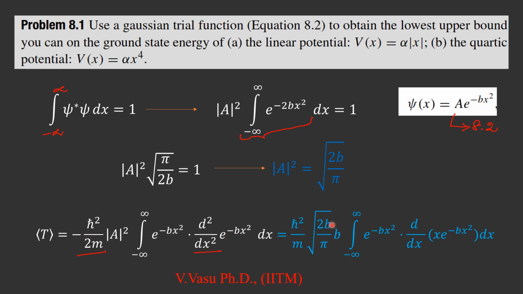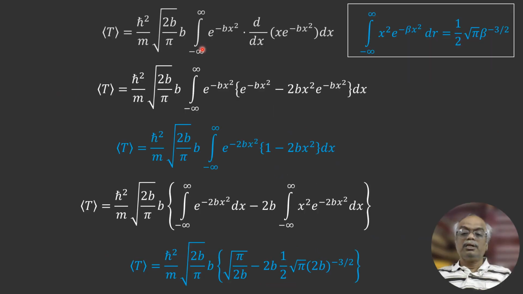Then we get the integral from minus infinity to plus infinity of x e to the power minus b x squared, and we differentiate this again with respect to x. First we differentiate x with respect to x, which becomes 1, so we get only the exponential term.